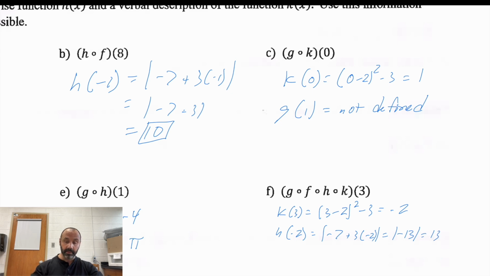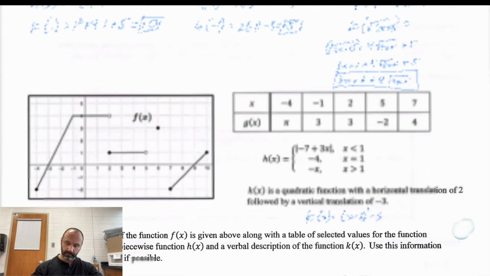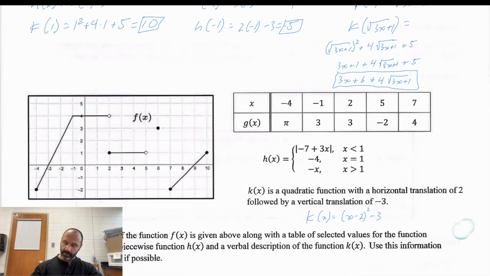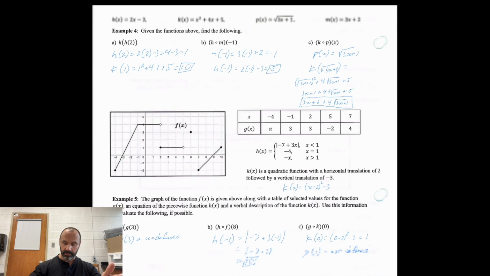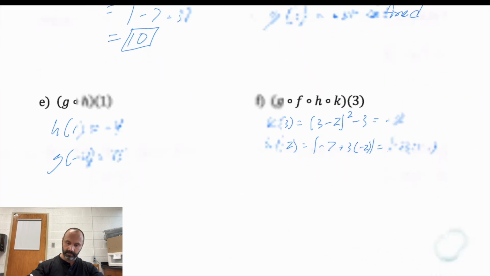So now I need f of 13. And my graph doesn't go out to 13. I'm looking here at f, and there's no value over here. I'm looking at this graph, and there is no value beyond 10. There's no input beyond 10. And so f of 13 is undefined.